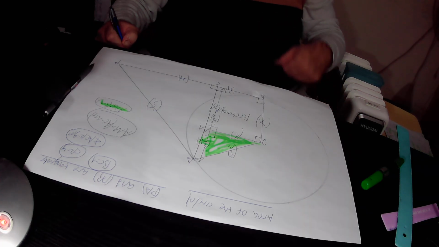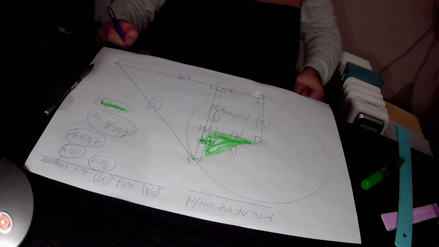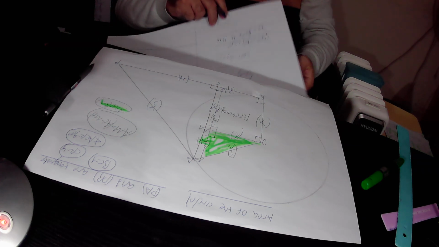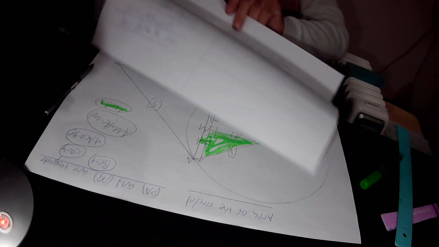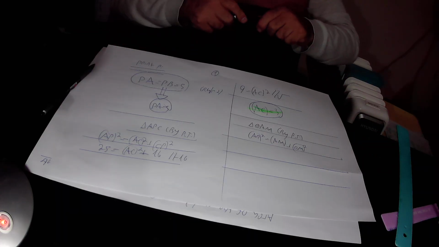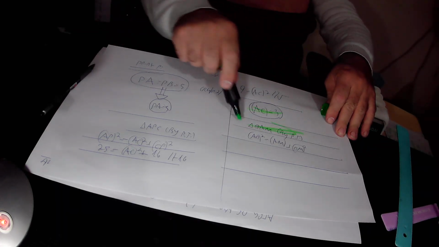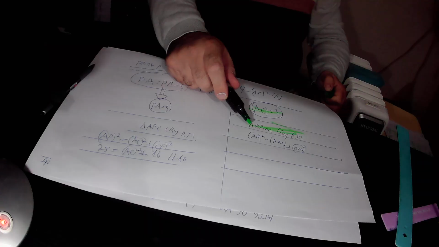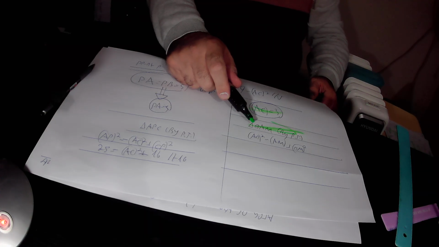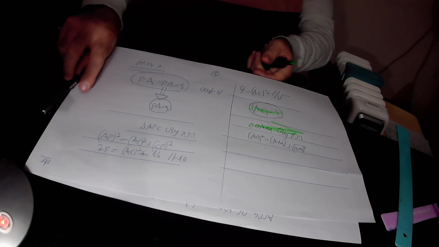And again, in this right triangle OAM, according to the Pythagoras theorem, the following equation is true: OA squared, that is the square of the hypotenuse, equals AM squared plus OM squared.